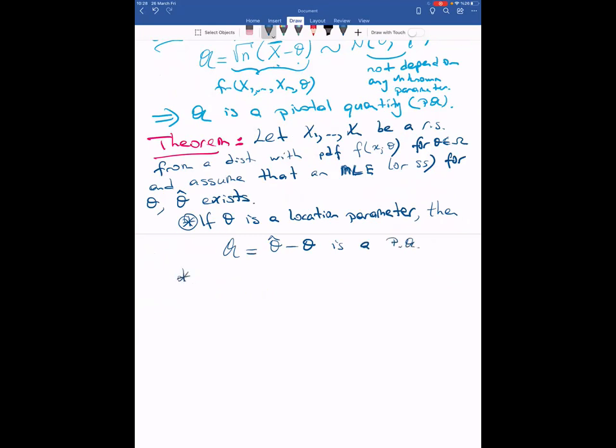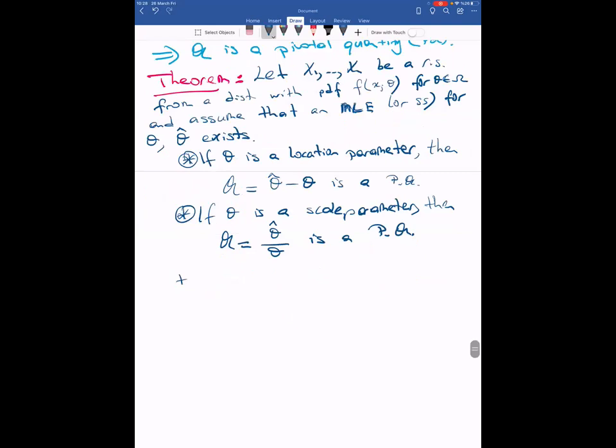If theta is a scale parameter, then Q equals theta hat over theta is a pivotal quantity. So you have to remember those.